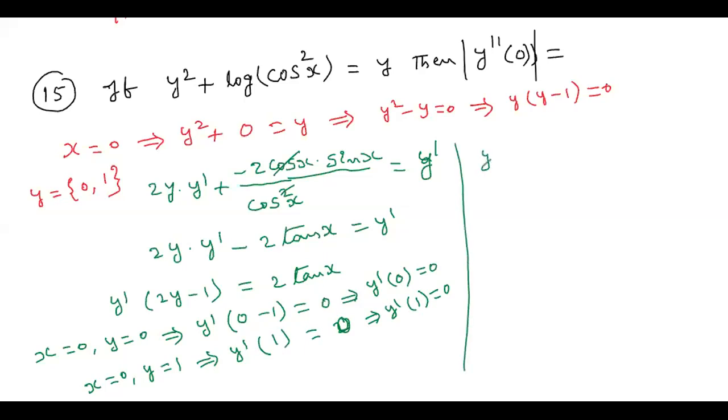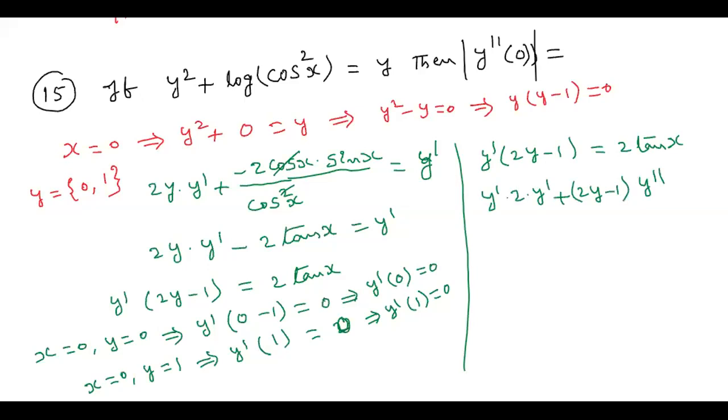Now y dash into 2y minus 1, that is equal to 2 tan x. Again we want to do the differentiation. So y dash into 2y minus 1 derivative: 2 into y dash, plus 2y minus 1 is constant, y dash derivative is y double dash.